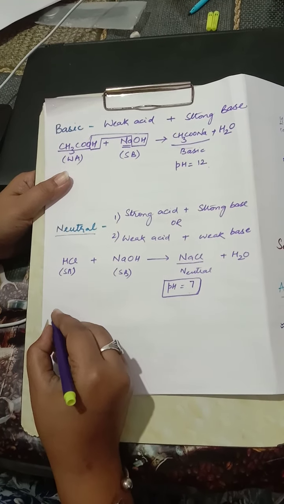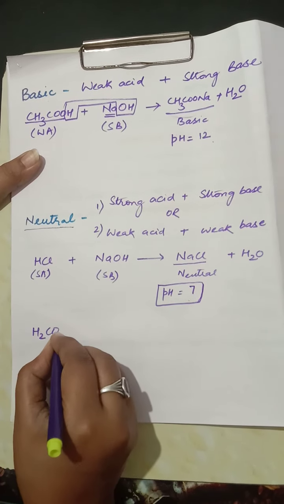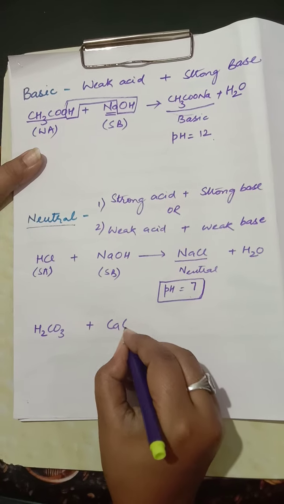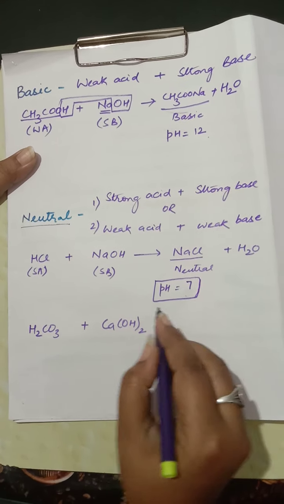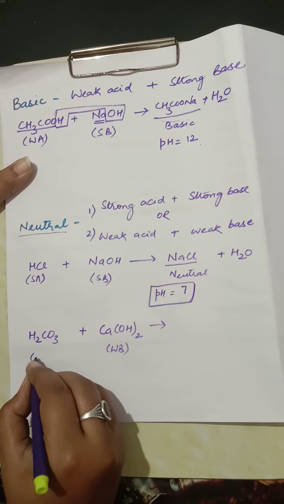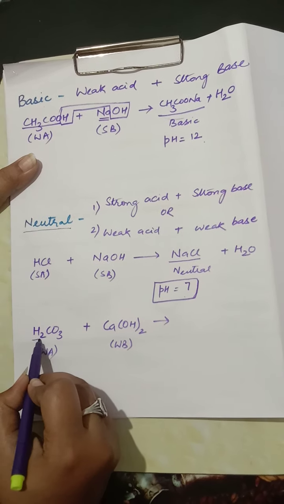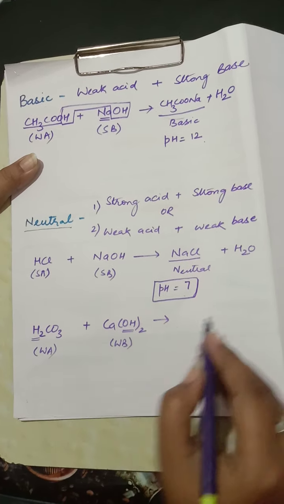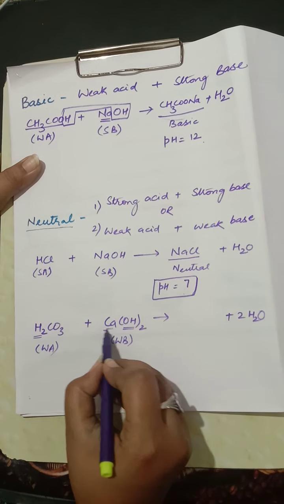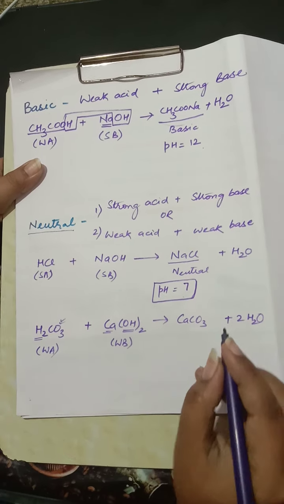Another example, if I am taking one weak acid, for example carbonic acid, and I am taking a weak base, for example calcium hydroxide. Both are weak in nature. It is a weak base and it is a weak acid. So what will happen? Again, these hydrogen ions will combine with hydroxyl ions to give you water molecules, and calcium will combine with this carbonate to give you calcium carbonate.